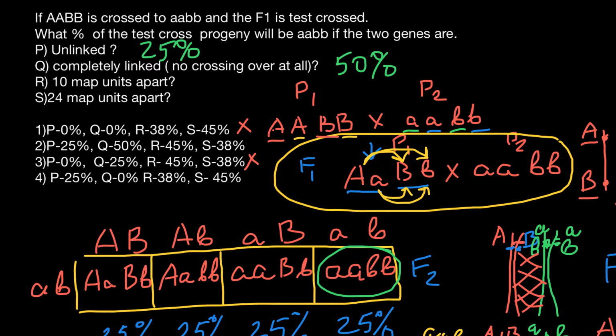And let's take a look. So answer 2 can be the correct answer, and answer 4, as you remember. Answer 2 gives us the answer for question P 25%, answer 4 also gives us 25%, but variant 2 gives us for question Q 50%, and variant number 4 gives us 0%.